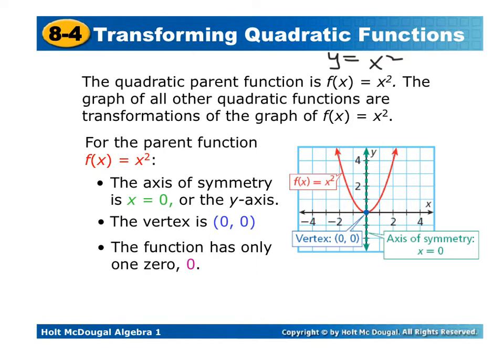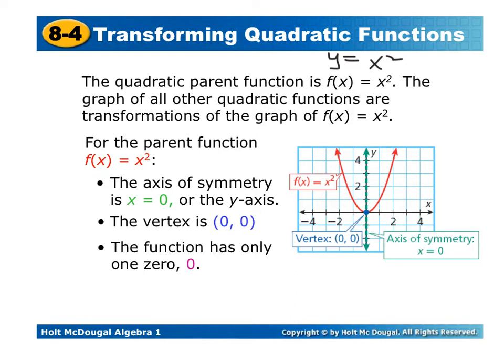But when we see this in the notes, we can actually color code the different graphs. So the reason why they're going to introduce the function notation is so we can tell the difference between the two functions. So for our parent function, and this is going to be the main one that we're going to compare all the other ones to, it's going to be f of x equals x squared.